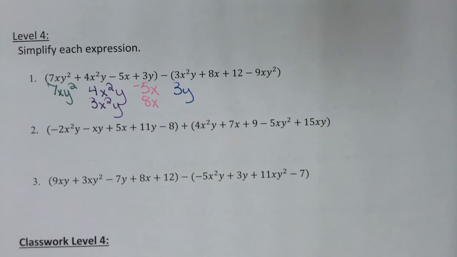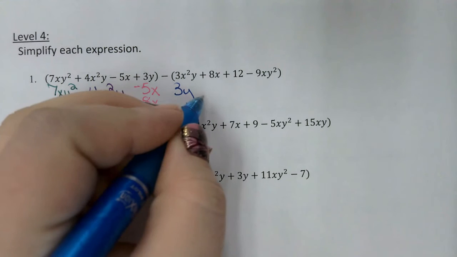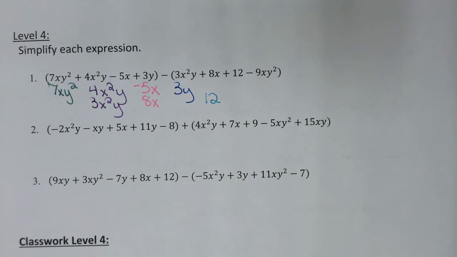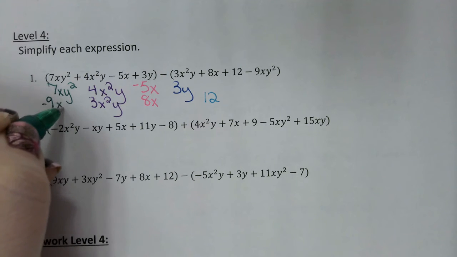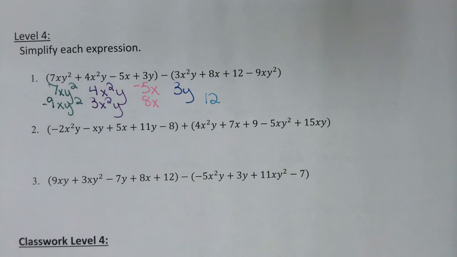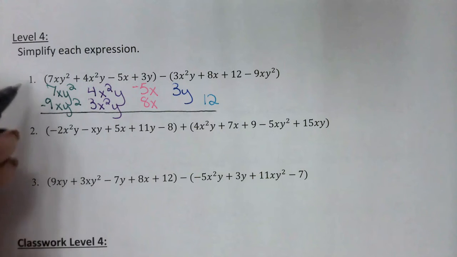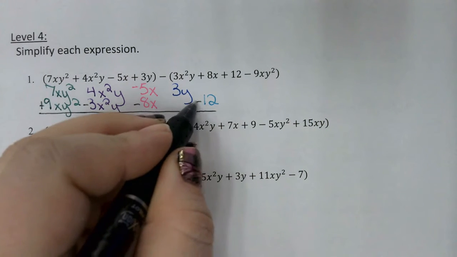And 12 doesn't have another term that's like, so we need to write it in its own column. Negative 9xy squared goes underneath the 7xy squared. And for this we are subtracting. So that makes this positive, negative, negative, negative.